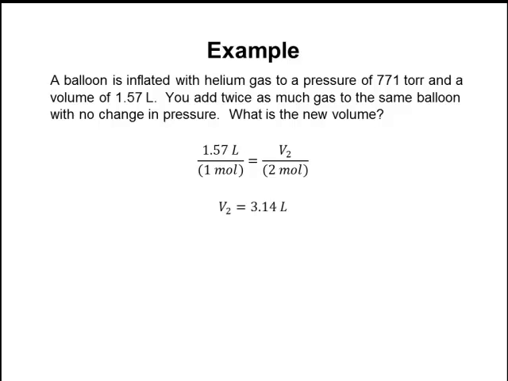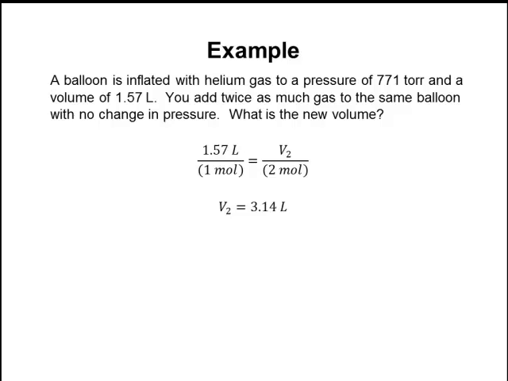My new volume is going to be 3.14 liters. So as I increase the number of moles, the volume of the gas goes up. So instead of memorizing all those forms, use PV equals nRT, derive the new equations, and apply PV equals nRT. That way you only have to know that one equation.